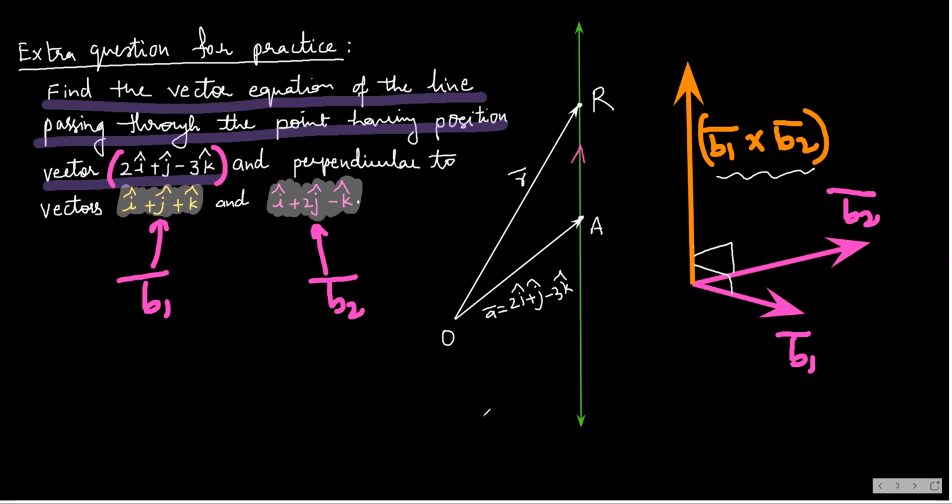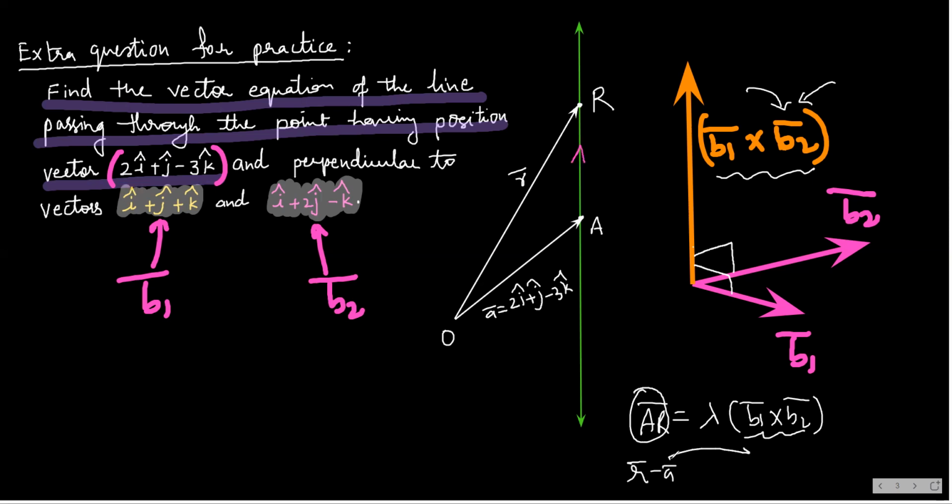So AR bar will be written as lambda times B1 bar cross B2 bar. And after that, you will substitute in place of B1 bar cross B2 bar what you would have found. And here this is R bar minus A bar. So you will shift this A bar onto the right hand side. A bar you already have, and that will give you the final answer.